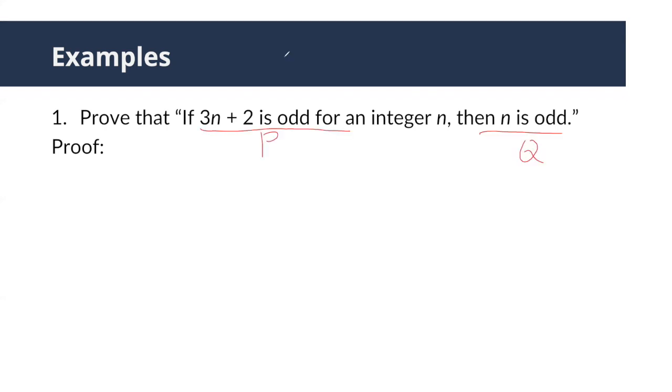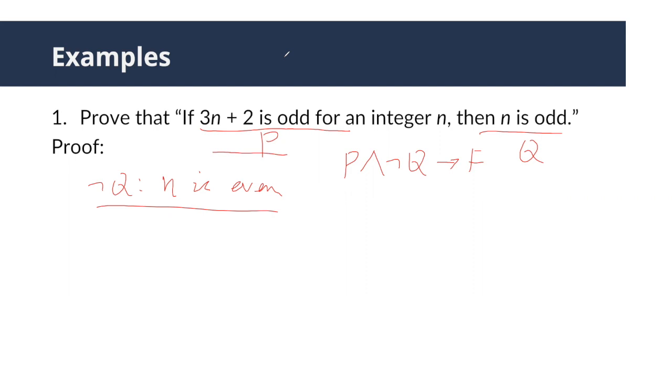In order to use proof by contradiction, we are going to assume P and not Q are both true, then imply some contradiction. What is P? P is 3n plus 2 is odd. What is Q? Q is n is odd. Therefore, not Q is n is even.